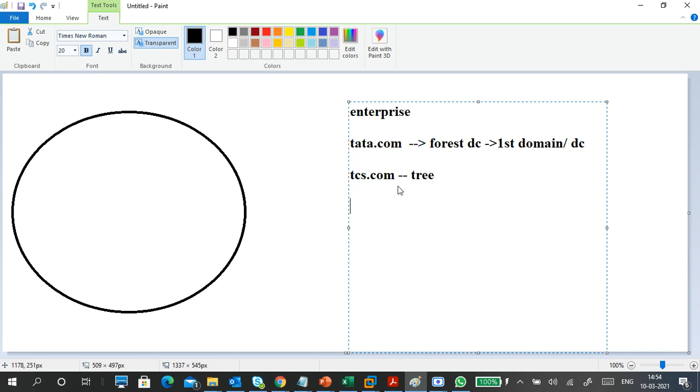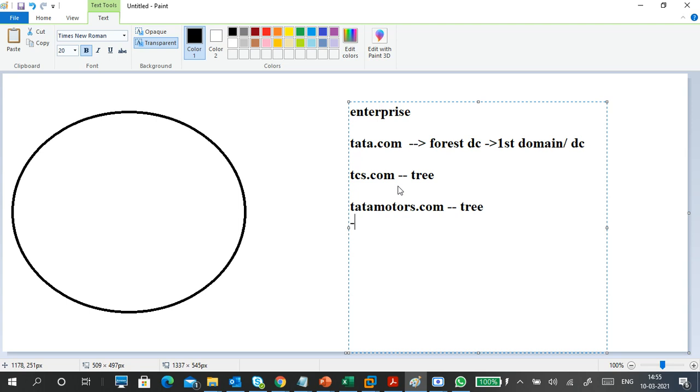For example, TataMotors.com, or TM.com. This is also a tree. TCS.com and TataMotors.com are both in the same enterprise, which means the same forest, but separate domains. That's why they are called domain trees.